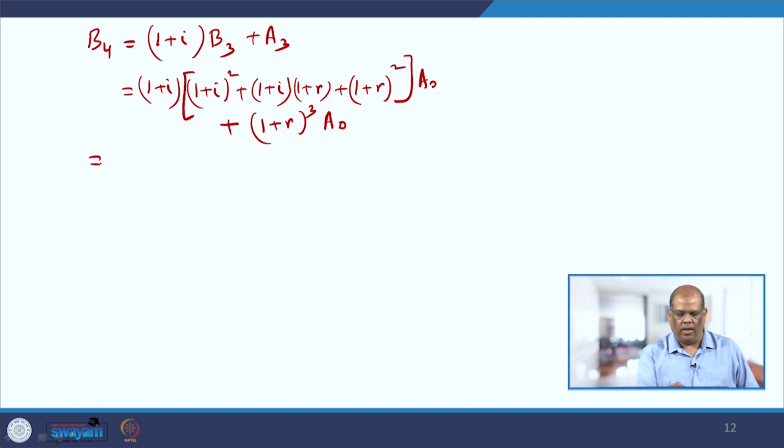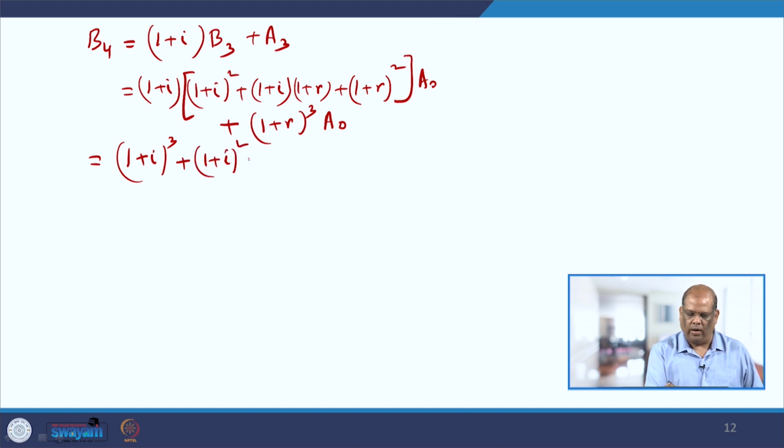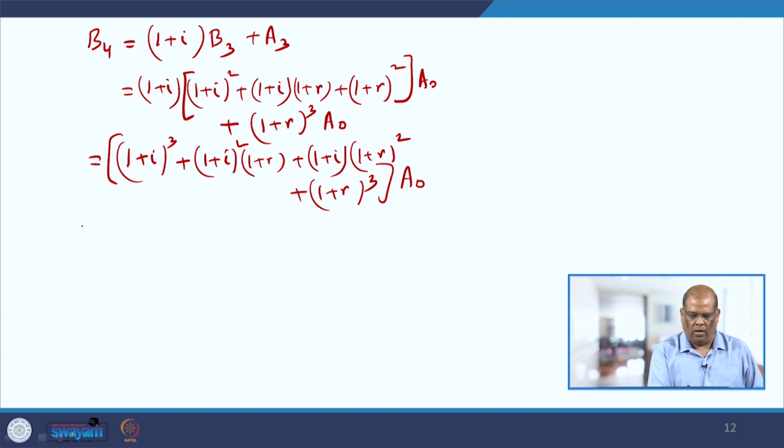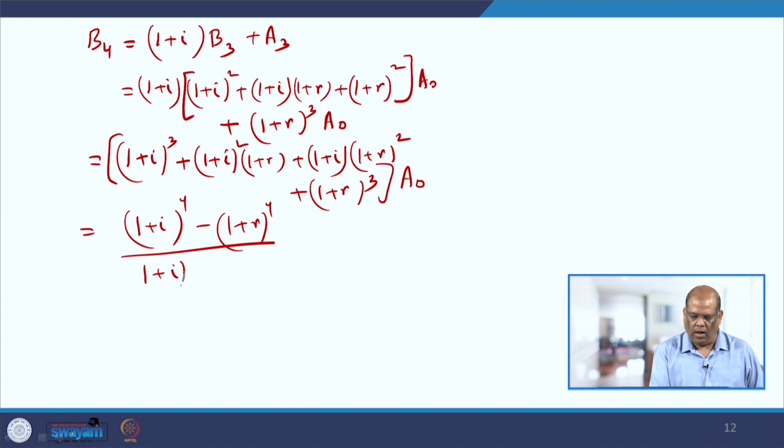So if I multiply this, I will get (1+i)³ plus (1+i)²(1+r) plus (1+i)(1+r)² plus (1+r)³ into A0. And this can be written as [(1+i)⁴ minus (1+r)⁴] divided by [(1+i) minus (1+r)] into A0.